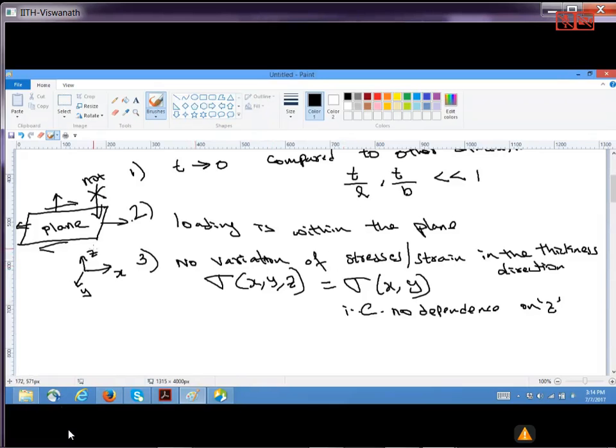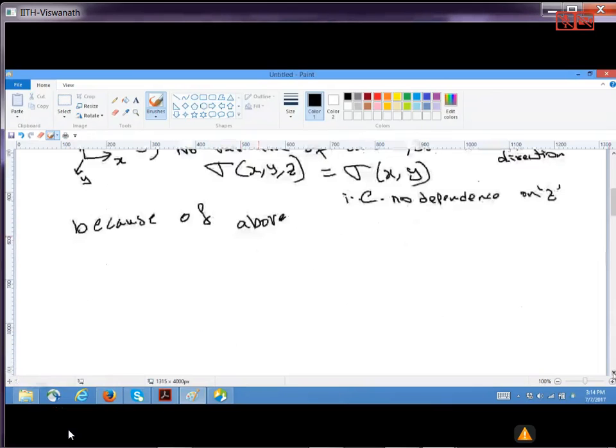Further, if it satisfies all these things, the plane stress conditions will make these things guaranteed. That is, because of the above, you can assume it simplifies the study by the following.